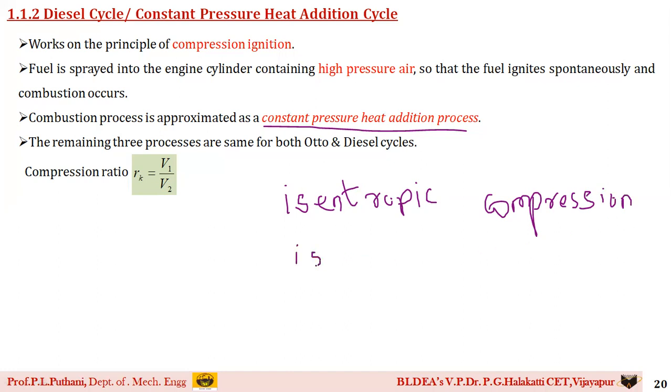Then process 3 to 4, that is isentropic expansion, is also the same here. And the third process, that is constant volume heat rejection, is also the same here.